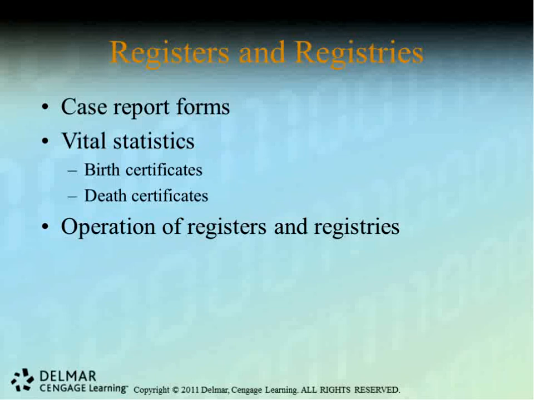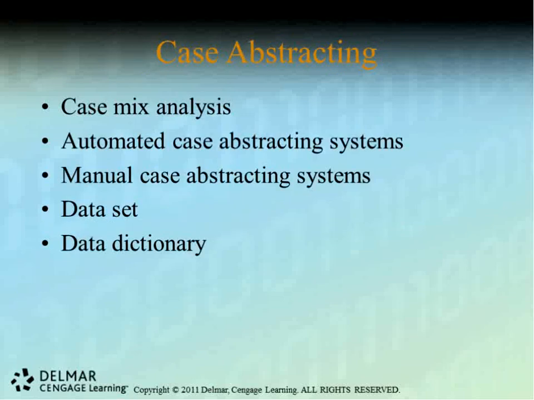I mean, the sponsors can be endless. Table 8.1 in chapter 8 of your textbook gives you a list. It's not an exhaustive list of different types of registers and registries, their sponsors, and a description of those. All right, so you can take a look at that at your convenience.